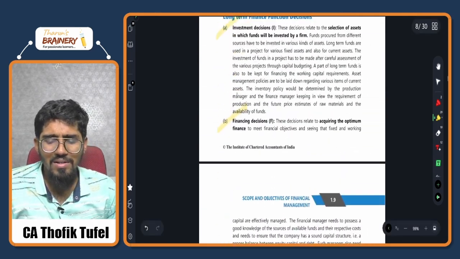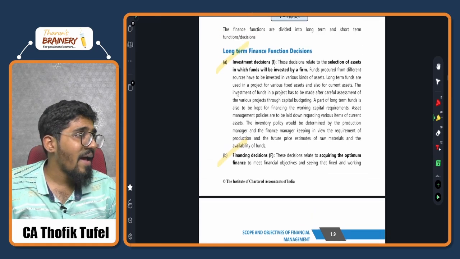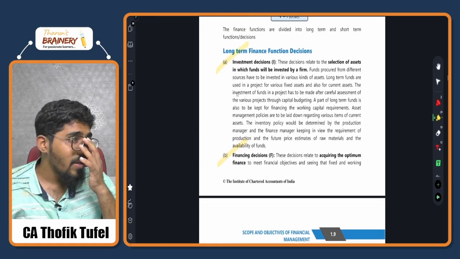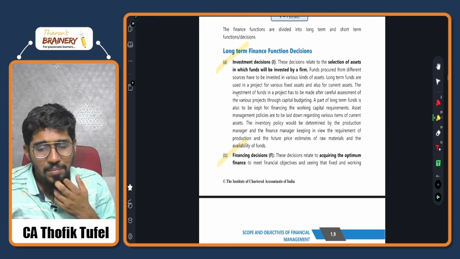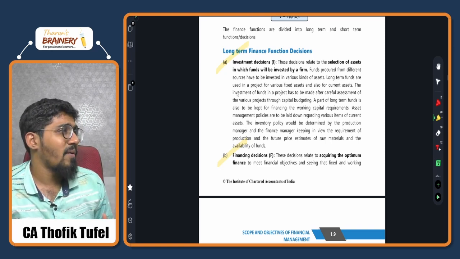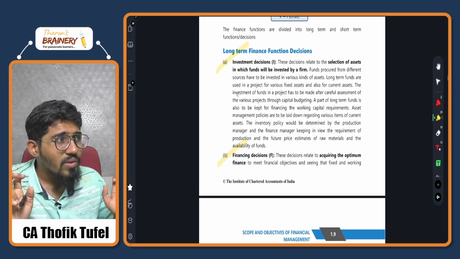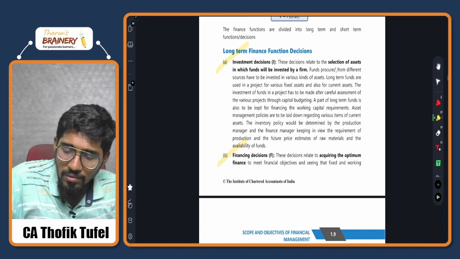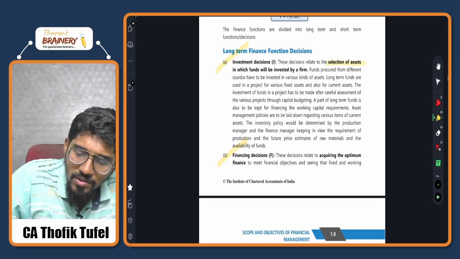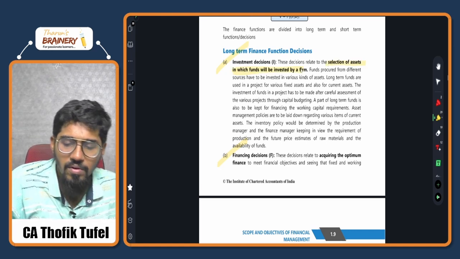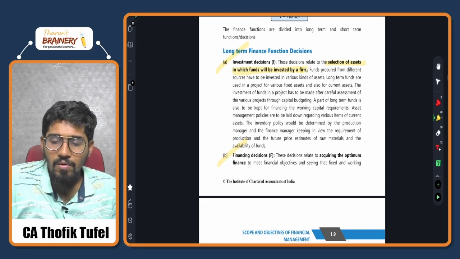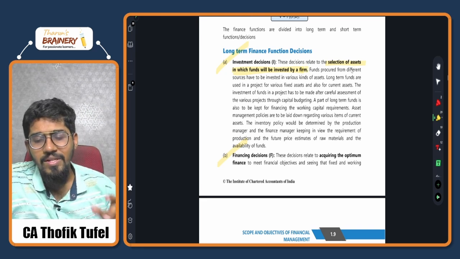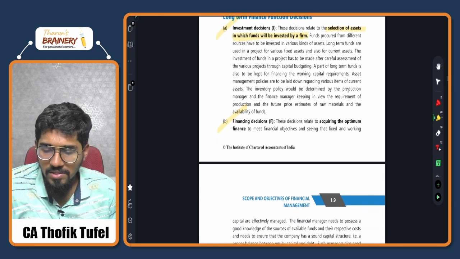This is something that you have to read and you can write on your own. It doesn't mean that you have to write the entire textbook language, but the bold sentence you have to write at least, so you show the examiner that yes, I read the study material. Investment decision means selection of assets in which funds will be invested by the firm.